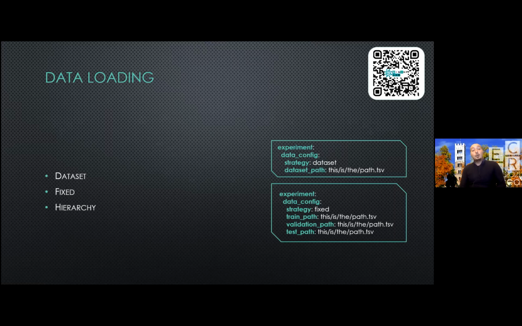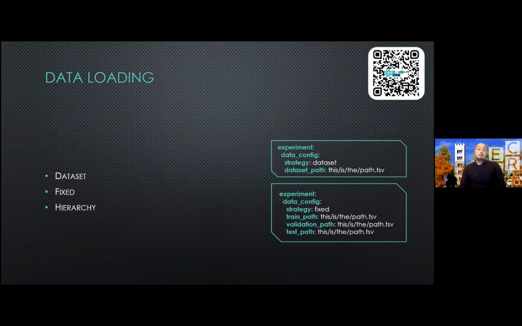Another option, obviously, is to have your dataset already split. In that case, you can tell the framework that your data is fixed, and you can pass the train and test files.